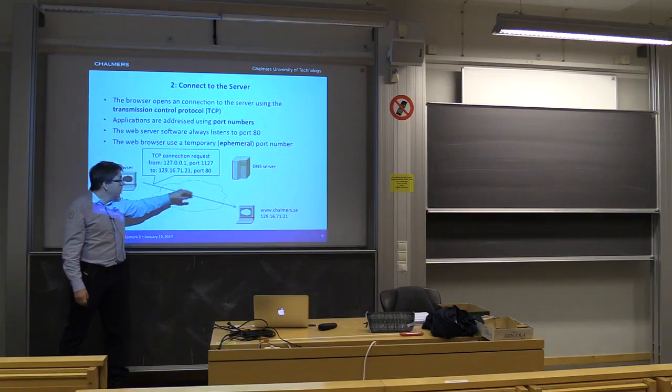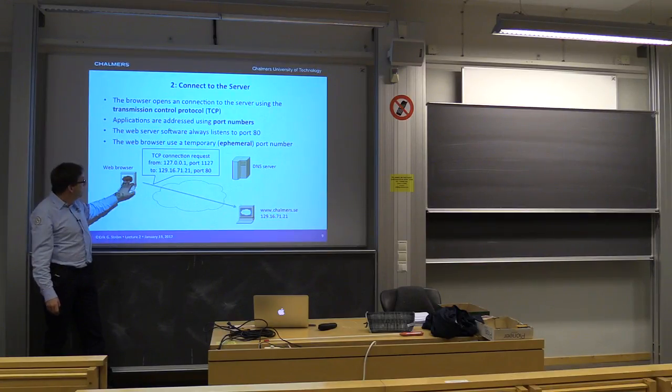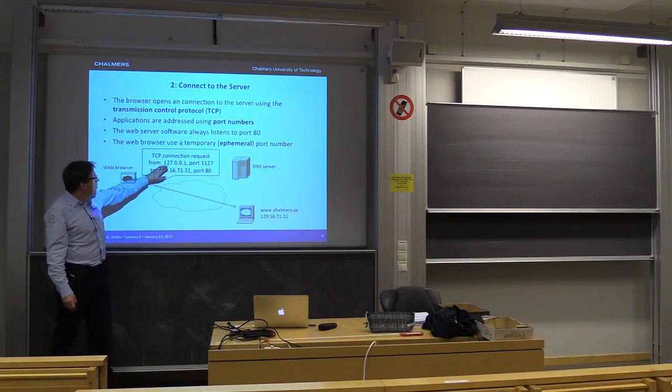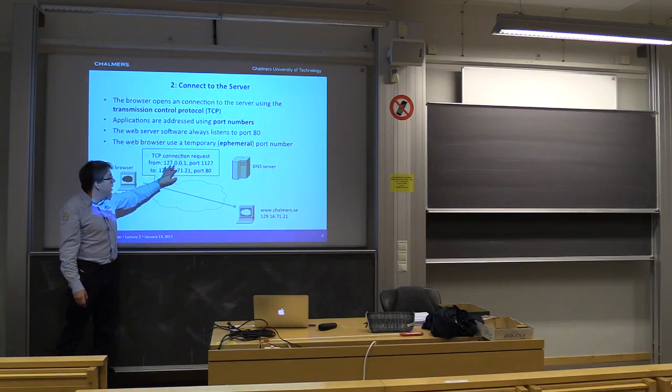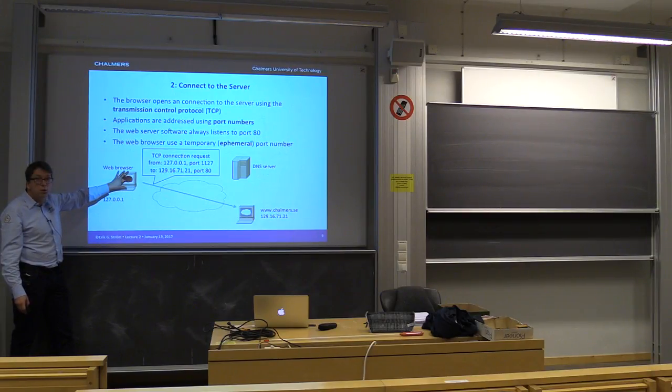And then one also has to say where you are coming from. So when TCP sends a connection request to the web server, it says this comes from the machine with the IP address 127.0.0.1. I just made this up, right? And then one also has to say which application on this computer would like to use this TCP connection.